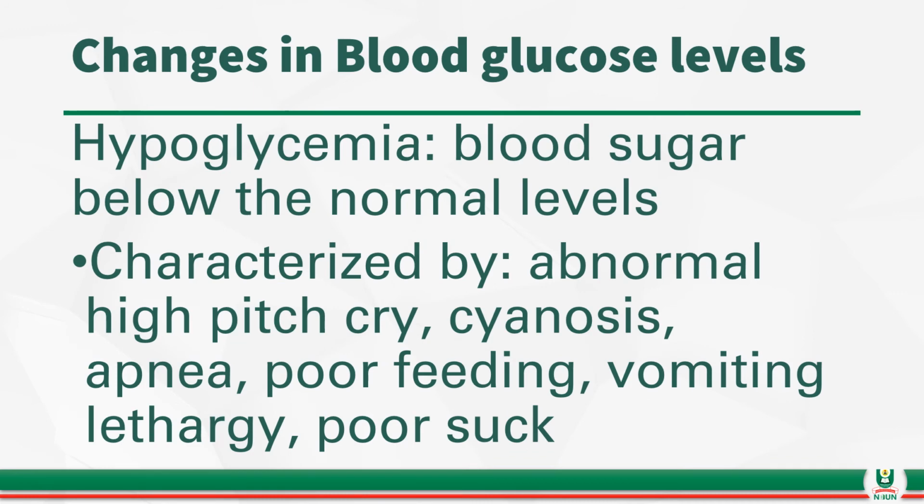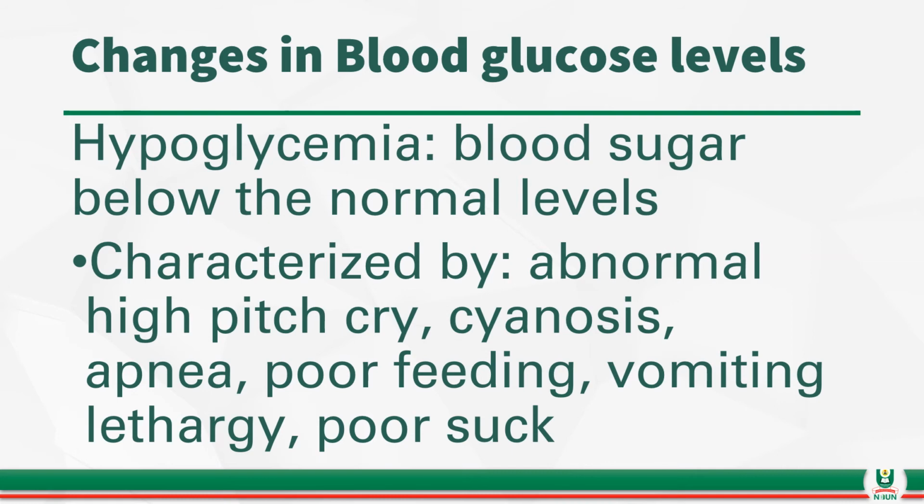Changes in blood glucose level is the second one, which is one of the problems babies face at birth. And the commonest one is hypoglycemia. Hypoglycemia simply means low blood sugar below the normal levels, and it is characterized by abnormal high-pitched cry.